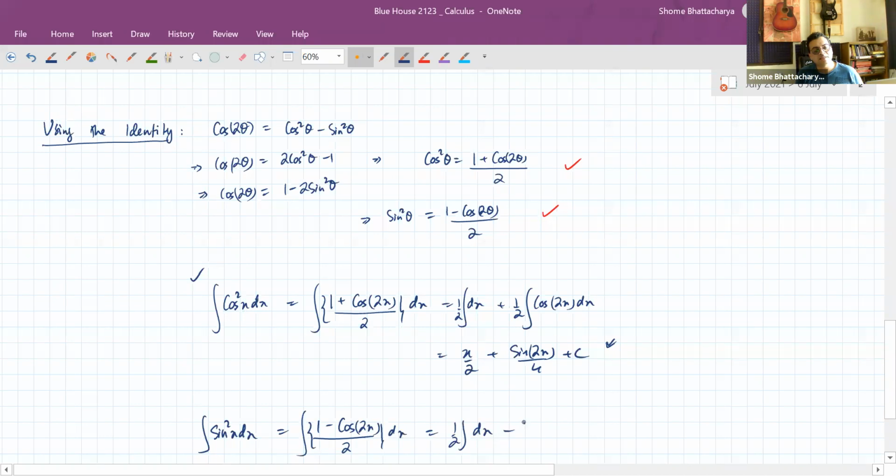This time there's a minus sign inside in between. That's all. This becomes x by 2 minus sine 2x whole thing divided by 4 plus c. So these are two important integrations, this one and this one. So remember how to integrate them. Use these identities.